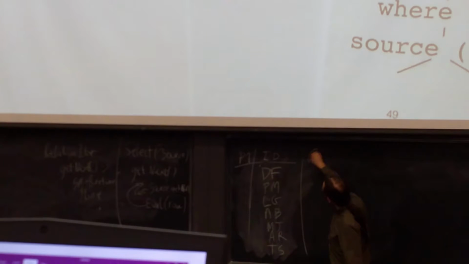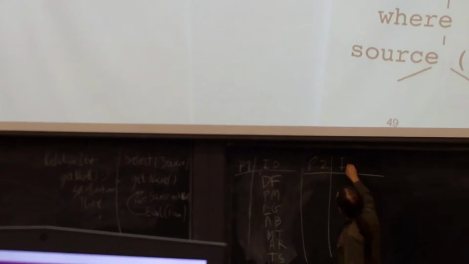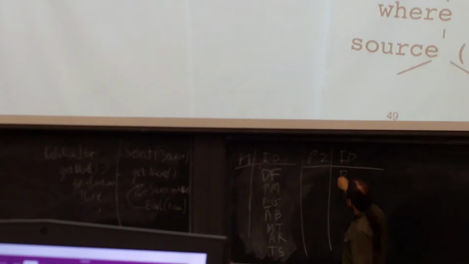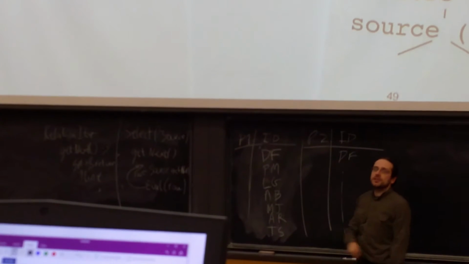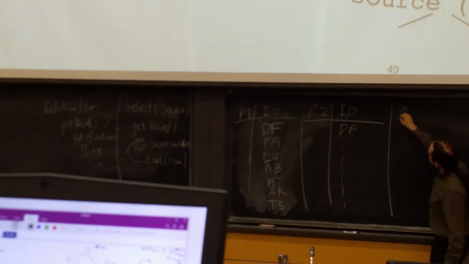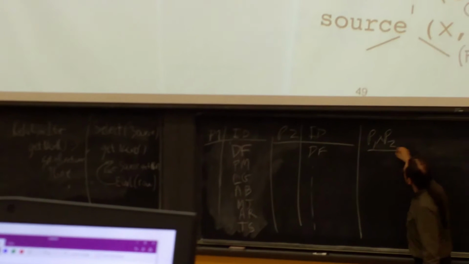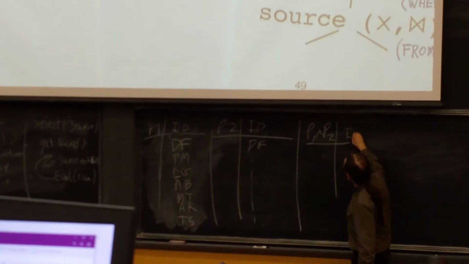So that's my players 1. All right, and then I've got players 2. D, DF, and pretty much the same thing. All right, what is P1 cross P2 going to look like?